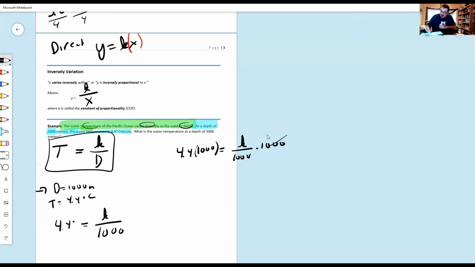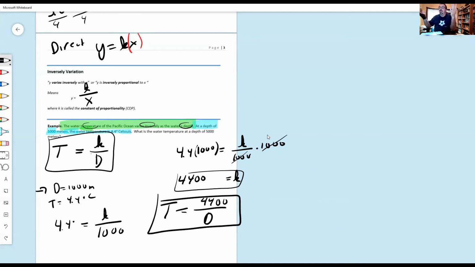So on the right side, the 1,000s divide, you get K. 4.4 times 1,000 is 4,400. So our new equation is T equals K over D. K is now 4,400 over D.